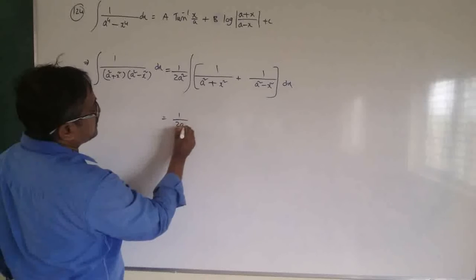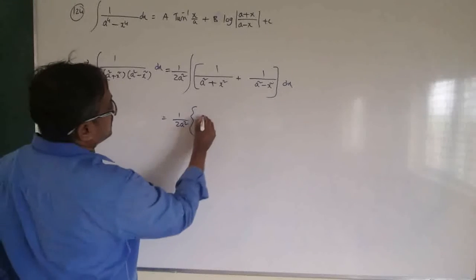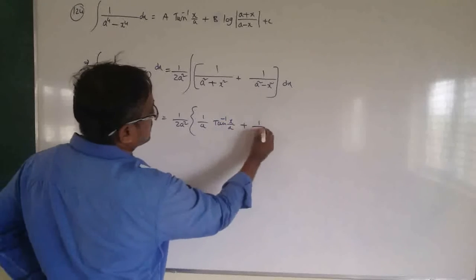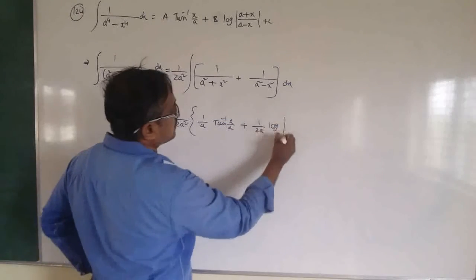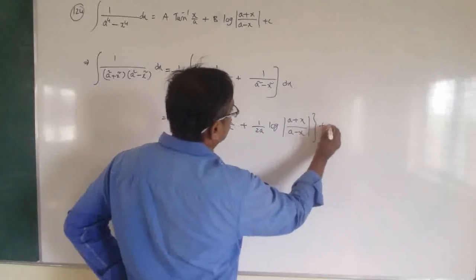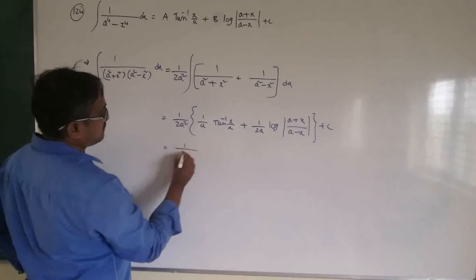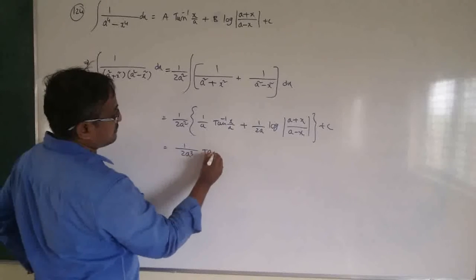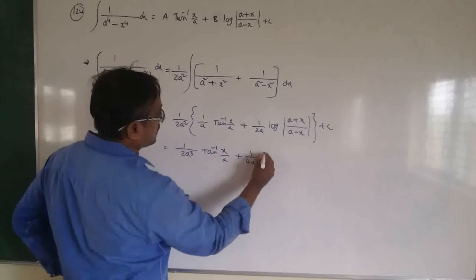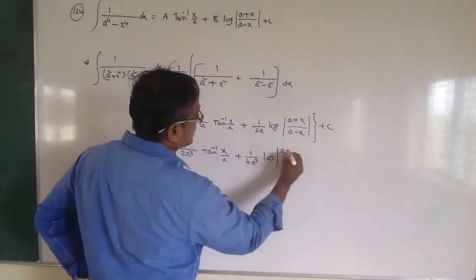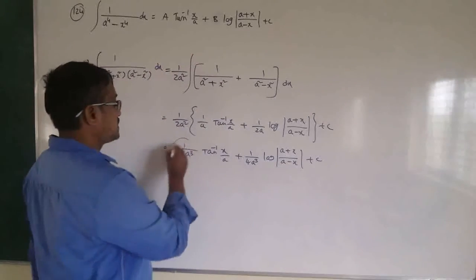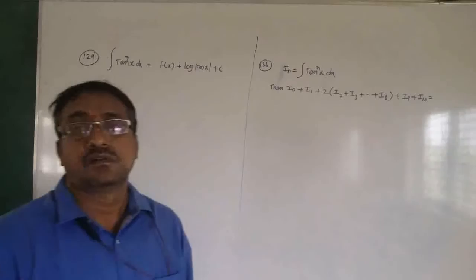So 1 by 2a square into result is 1 by a tan inverse of x by a plus 1 by 2a log mod a plus x by a minus x plus c. Now multiply, you will get 1 by 2a cube tan inverse of x by a plus 1 by 4a cube log mod a plus x by a minus x plus c. Now these are the constants.